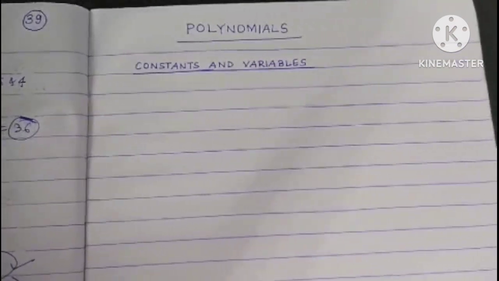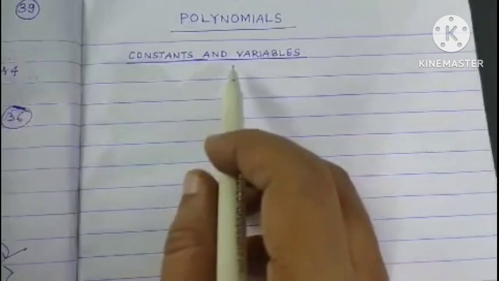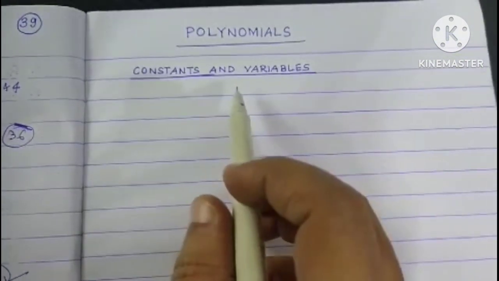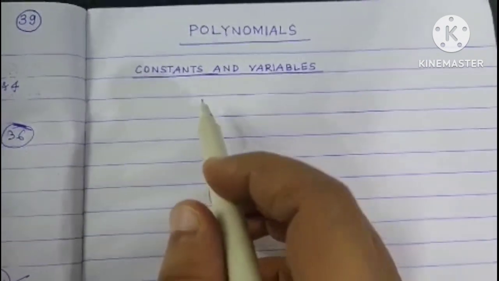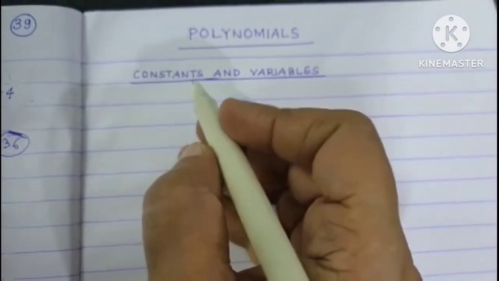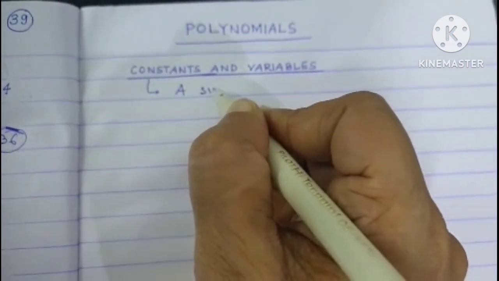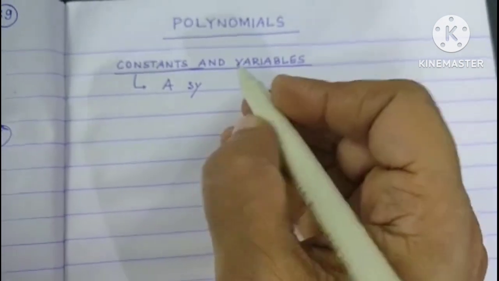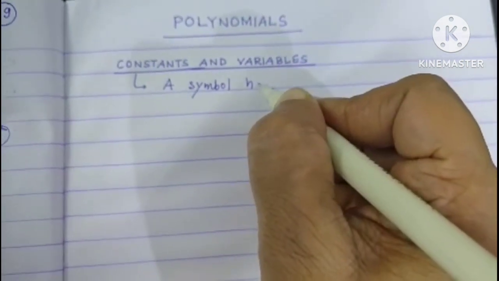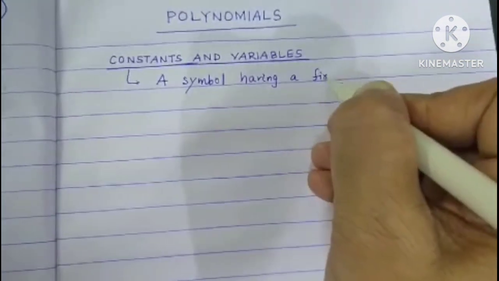The first terminologies which we are going to understand are constants and variables. So what are constants and what are variables? As all of you know, a symbol having a fixed numerical value is called a constant.